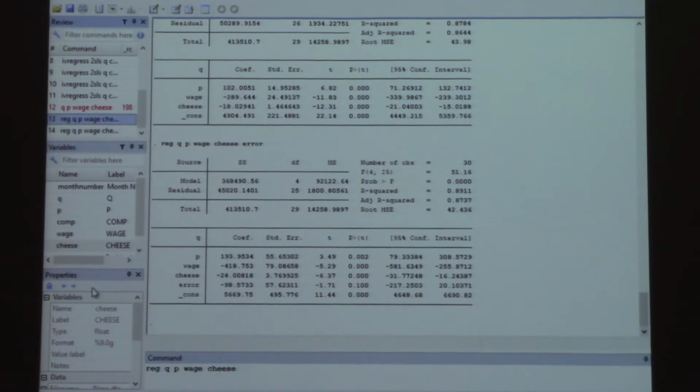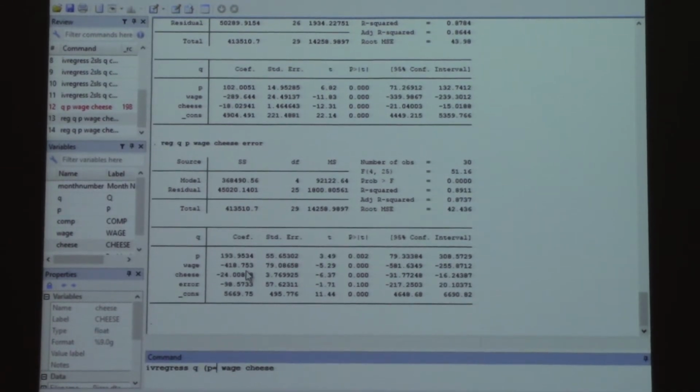So we use IV, regress quantity. We need to instrument price with, what do we instrument price with? What'd you say? Competitor price. Competitor price, exactly.